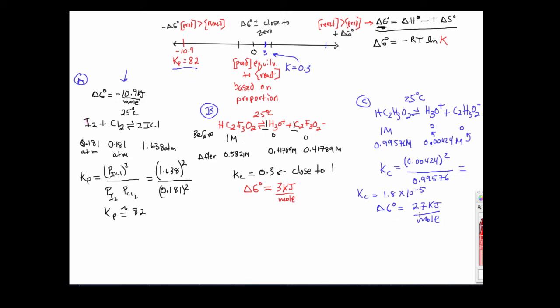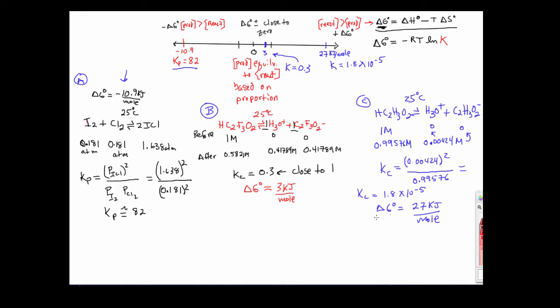It's a positive value. So I'm going to write its value over here. It's about 27 kilojoules per mole. So you see, example C is way down here on our scale to the right of where example B was. And the K for this is equal to 1.8 times 10 to the minus fifth.